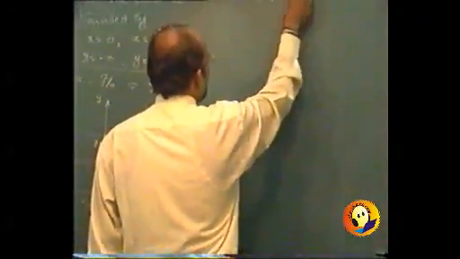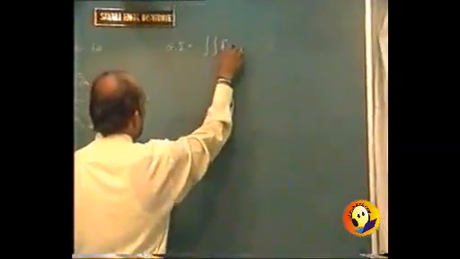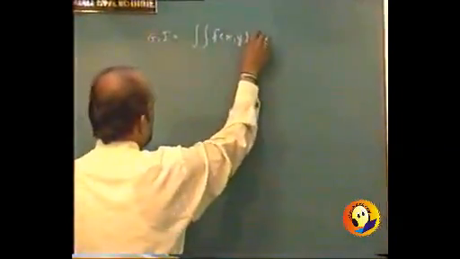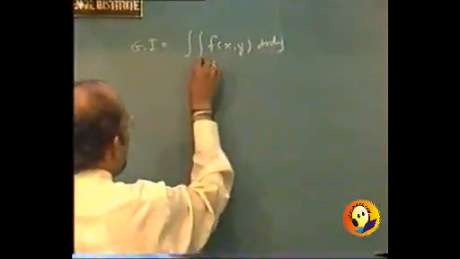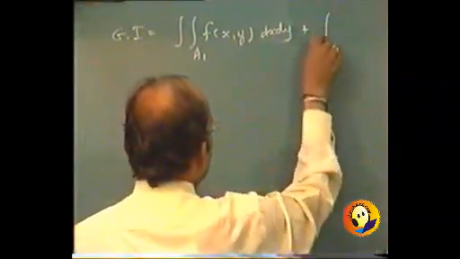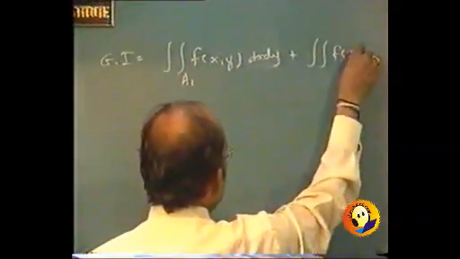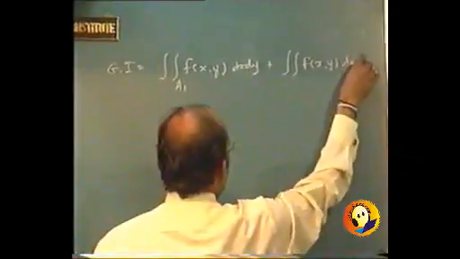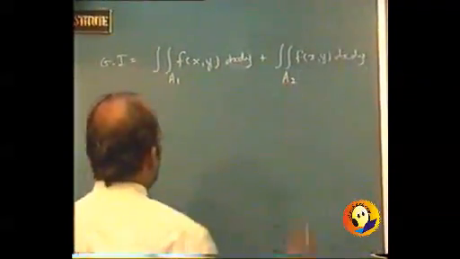So the given integral will be double integral f of x comma y dx dy over area A1 plus double integral f of x comma y dx dy over area A2.